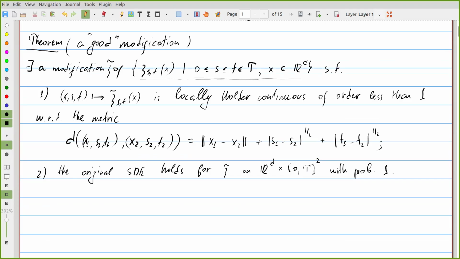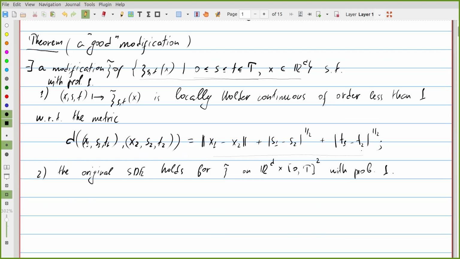So this modification satisfies two properties. The first one, with probability one, this mapping is locally Hölder continuous of any order less than 1 with respect to this metric. This is called the parabolic distance, and if you look into the theory of, say, Hölder solutions of partial differential equations, this is a standard metric.